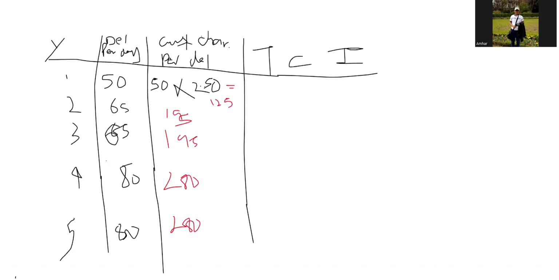Now just tell me how will you find total cash inflows? If it's wrong, I'll tell you the answer, but I want you to know how you will find it. The first year is going to be 125 into 6 into 50. You missed one value.